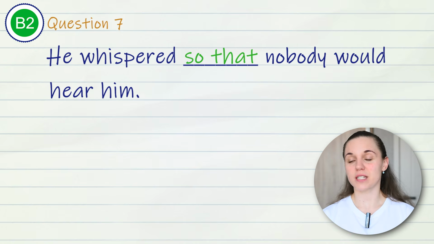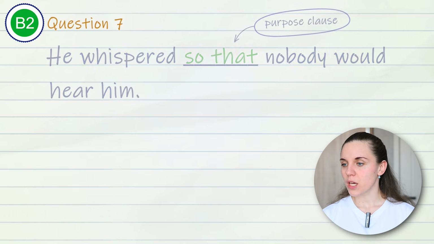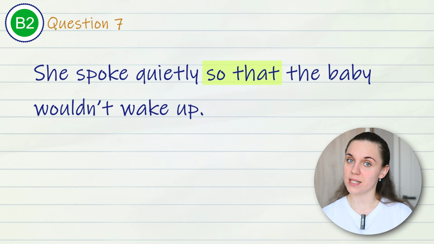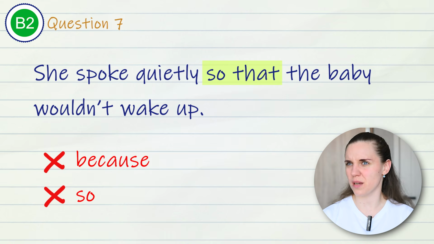So that introduces a purpose clause. For example, she spoke quietly so that the baby wouldn't wake up. Because just doesn't make sense there, and so is incorrect here. We need a clause. 3 more left and we're done. We can call it a day.